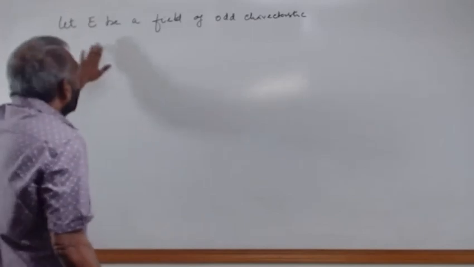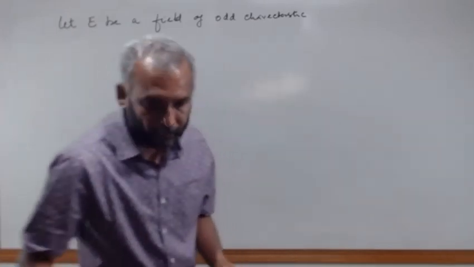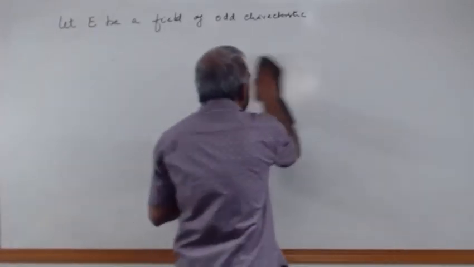What do you mean by odd characteristics, or a characteristic of n?